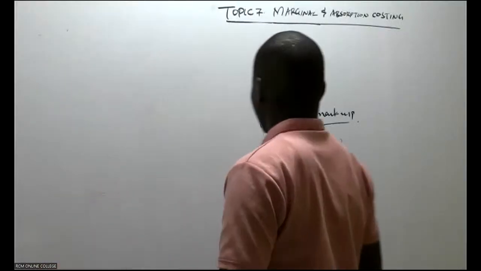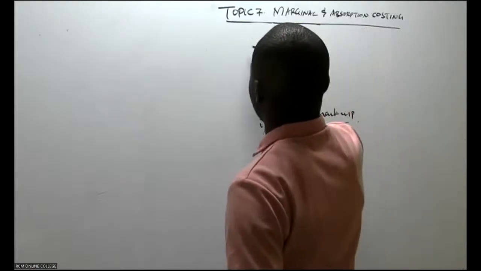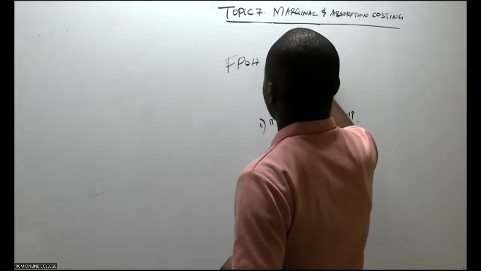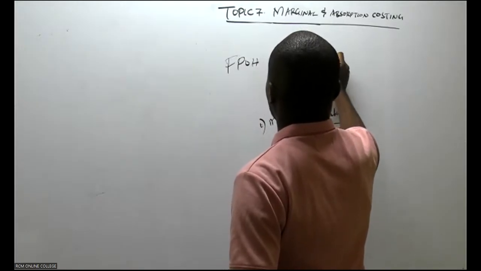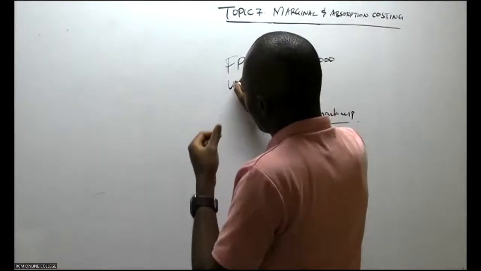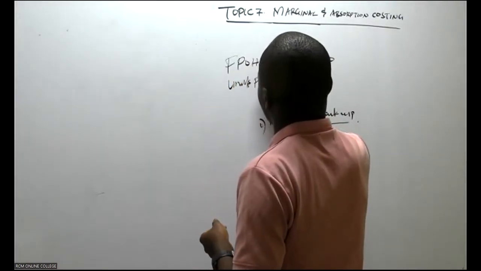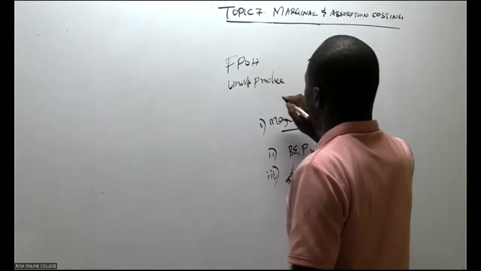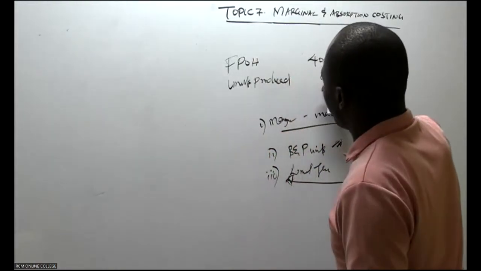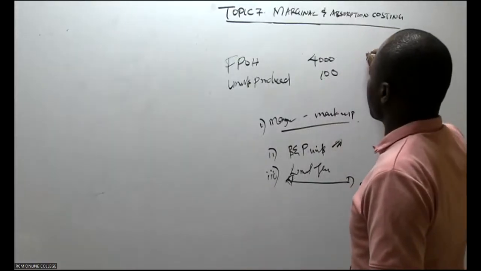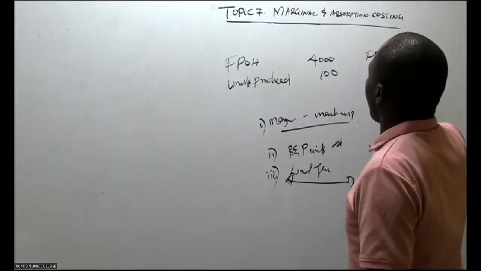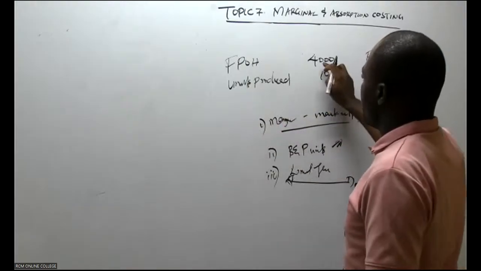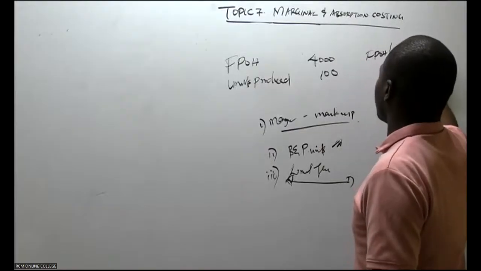For example, the company has fixed production overheads of 4,000. If the company is going to produce only 100 units, then the fixed production overhead per unit will be 4,000 divided by 100, which is 40.